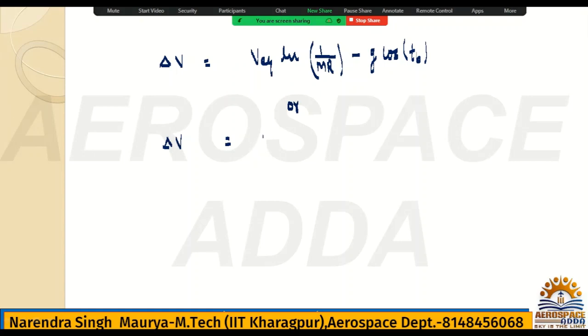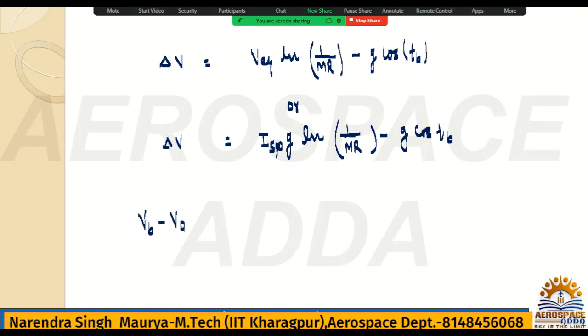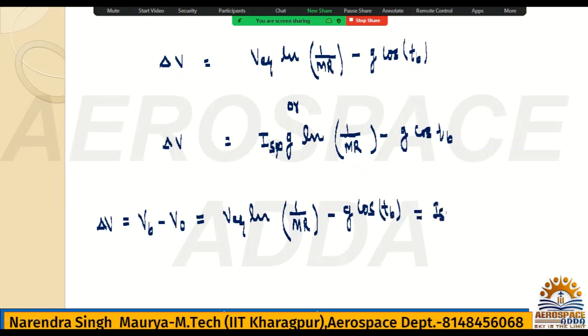If you remember, it is ISP G. So finally you have the equation: delta V, which is VB minus V naught, is equal to V equivalent ln 1 by MR minus G cos theta TB, which is equal to ISP G ln 1 by MR minus G cos theta TB. This is the master equation.